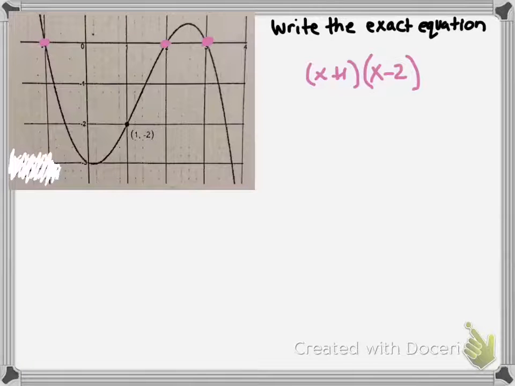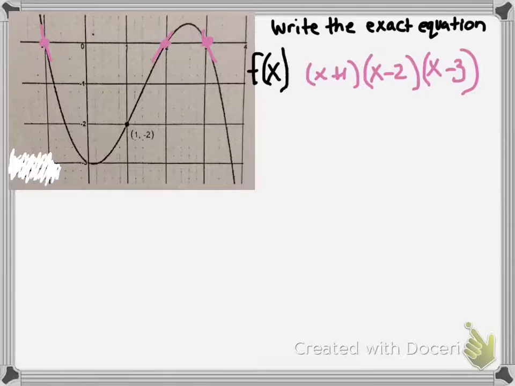And I also have a root at 3, so I'm going to have a factor of x minus 3. And at all of them, I go straight through, so none of them have a multiplicity, so I'm not going to add a squared or a cubed or anything on them.